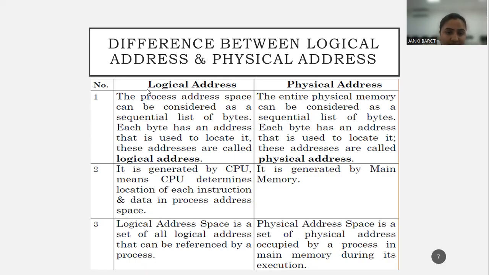Generally the logical address is generated by the CPU. It means the CPU determines the location of each instruction and data in the process address space, whereas the physical address is generated by main memory. Logical address space is the set of all logical addresses that can be referenced by the process, whereas physical address space is the set of physical addresses occupied by a process in main memory during its execution.